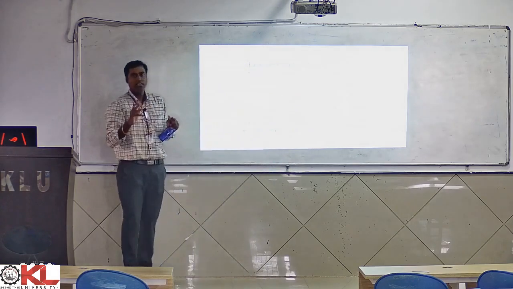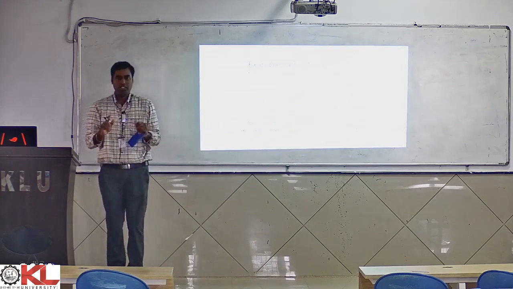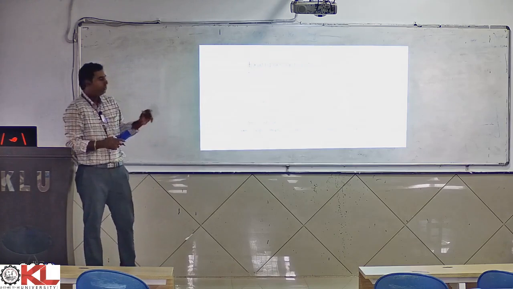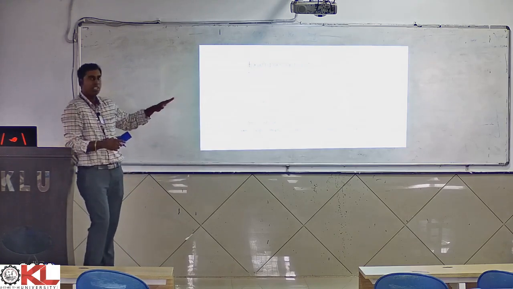So three possibilities are given in the grammar. Based on these three rules for the starting symbol, I have drawn the parsing tree, the first step in the top-down approach.